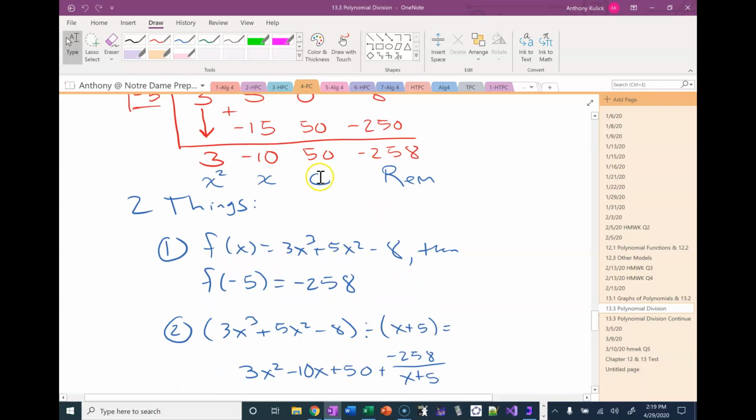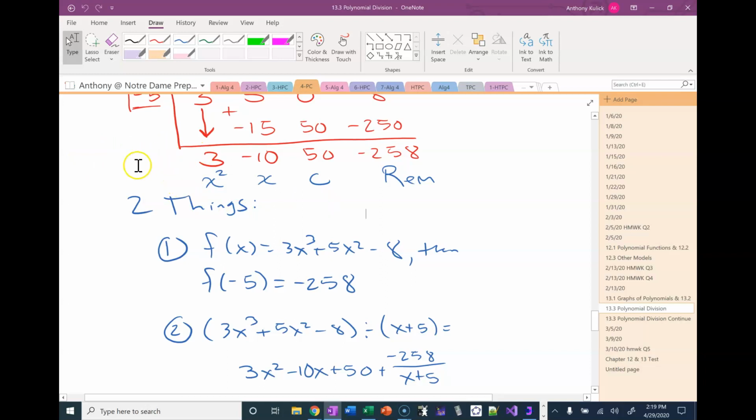And then we have plus 50, that's the constant, minus 10x, that's the coefficient on our x's, and then plus 3x squared. That's our coefficient on our x squareds. And we just keep going up 1 degree as we move to the left.